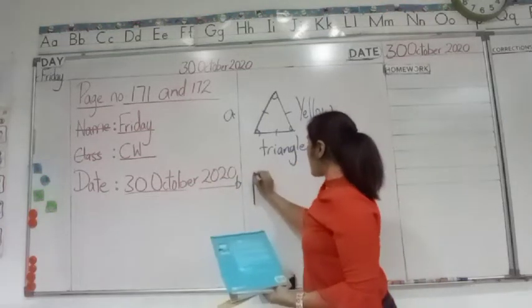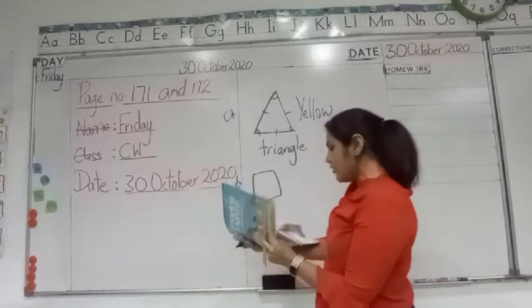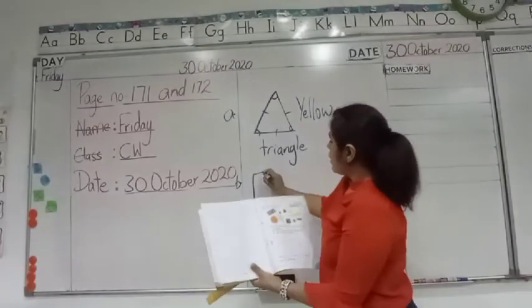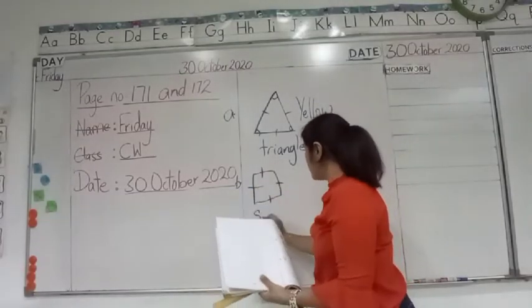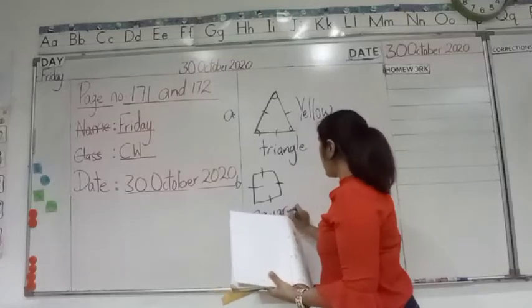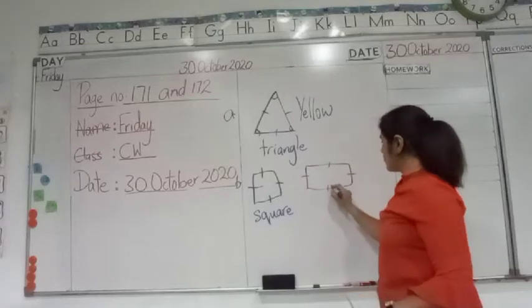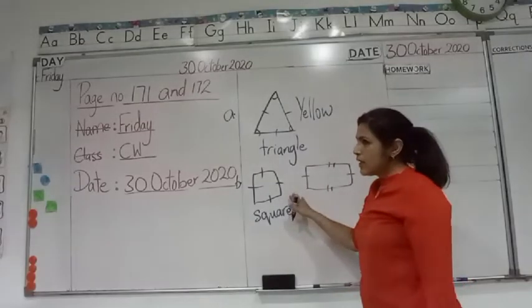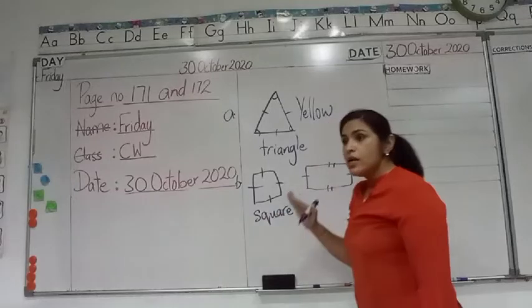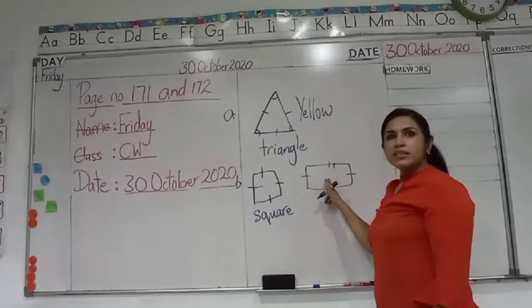So 4 sides and 4 corners can be a square or a rectangle. They did not mention color, or that opposite sides are the same.